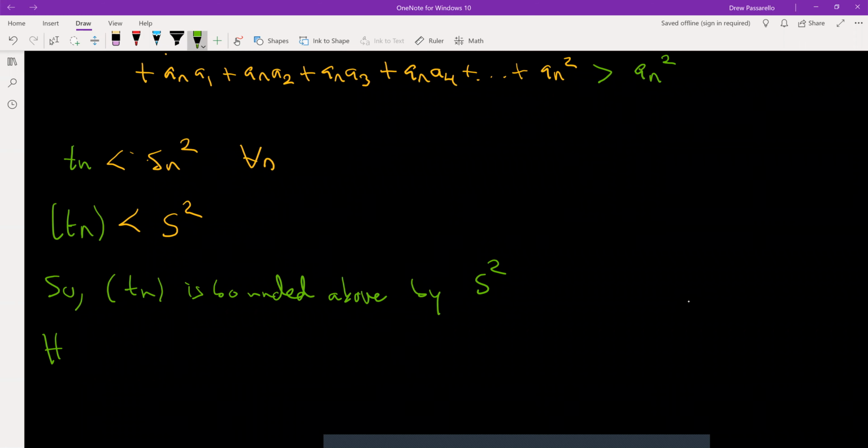Hence, since Tn is monotone and bounded, it converges by the monotone convergence theorem.